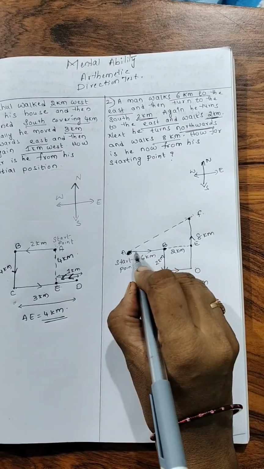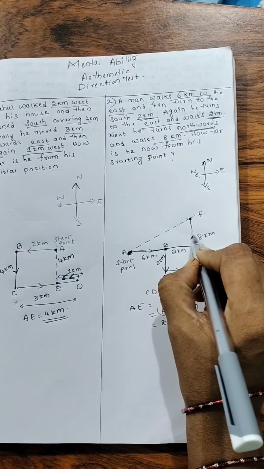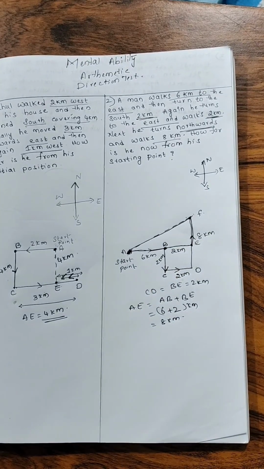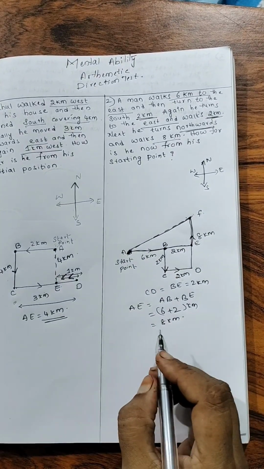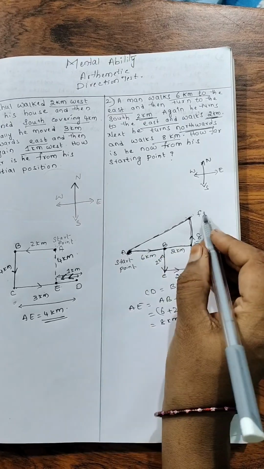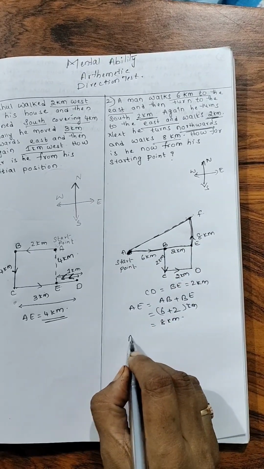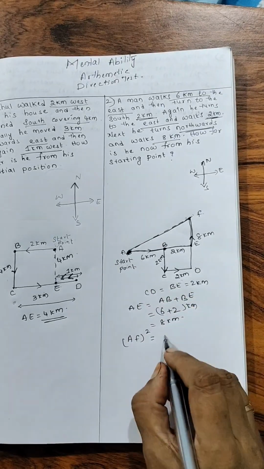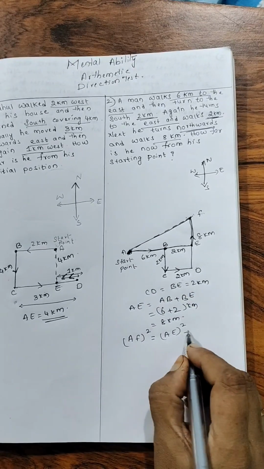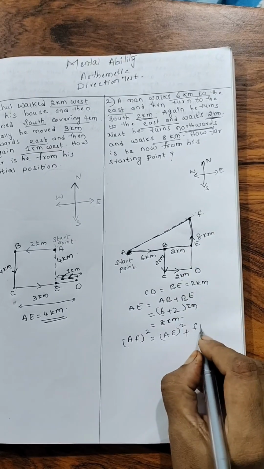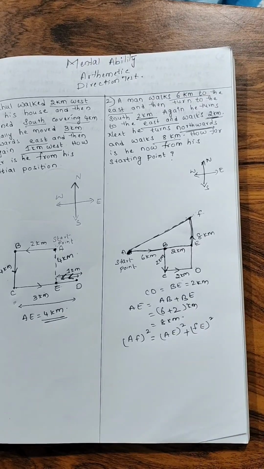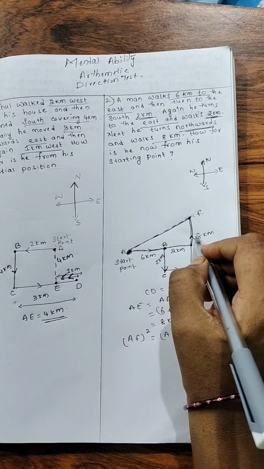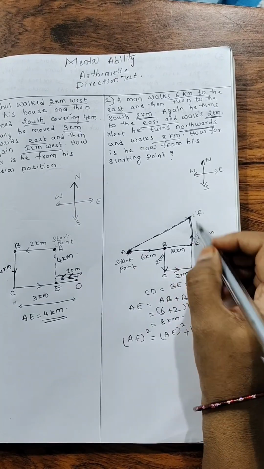Now applying the Pythagoras theorem, this is a right angle triangle, yes. So apply the Pythagoras theorem. What does the Pythagoras theorem say? Hypotenuse square, AF square is equal to AE square plus FE square. Now what will be the value of FE? We want to know the value of FE.